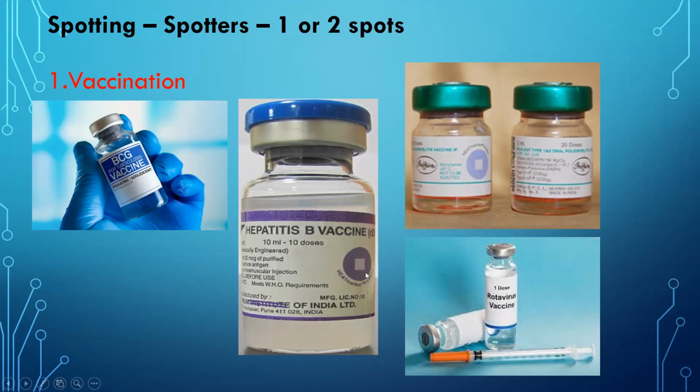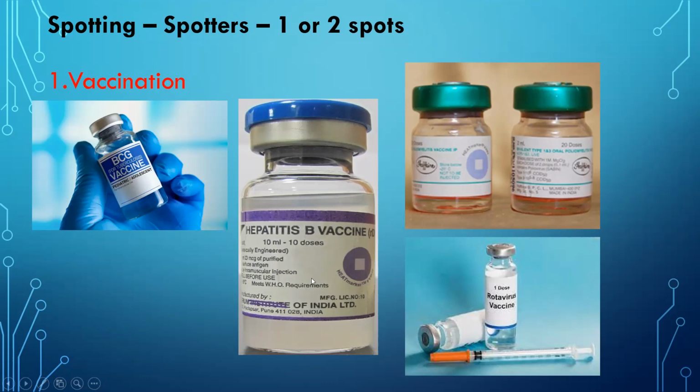So they will ask you one question on VVM also. What do you mean by vaccine vial monitor? What does the vaccine vial monitor indicate? Sometimes they give a scenario, like in a vaccine ampule, if the white square becomes purple color, what does it indicate?